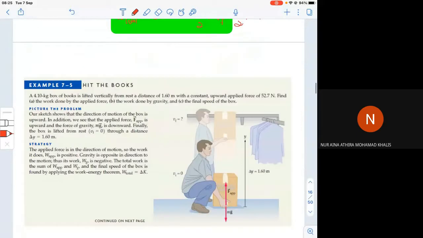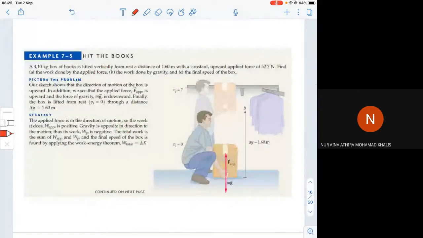All right, so let's look at the situations. A 4.1 kilogram box of books is lifted vertically from rest at a distance of 1.6 meters. If you look carefully, the situation is a man lifting the box.